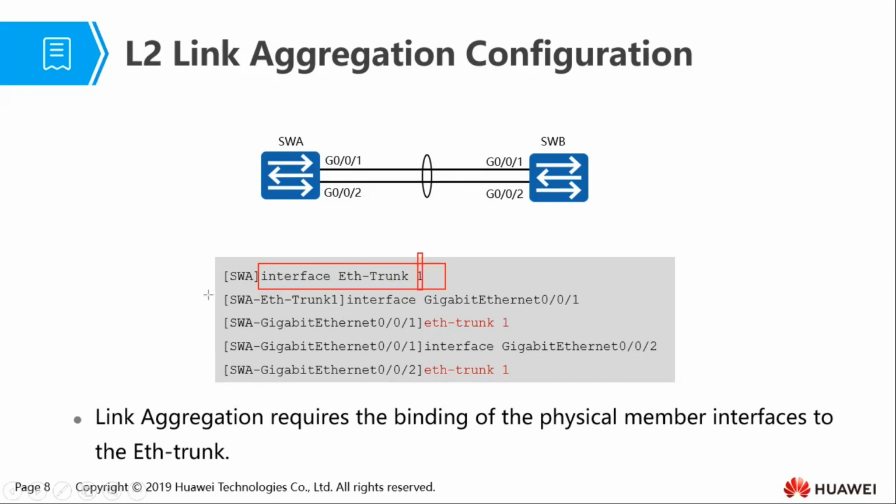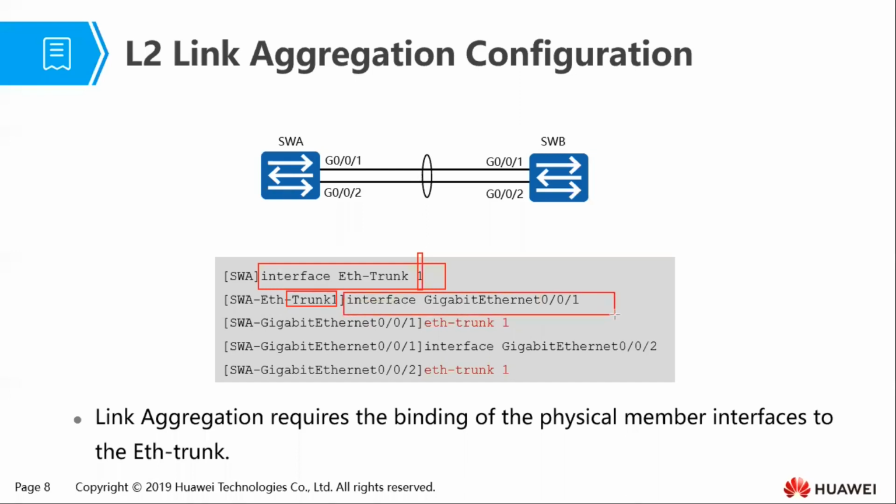You can create several Ethernet trunks. The ID can be from 0 to 63. After doing that, it will get you into that particular Ethernet trunk, here with the ID 1.